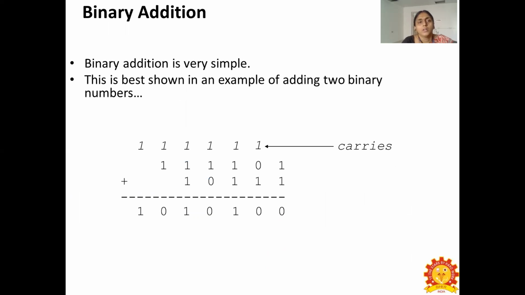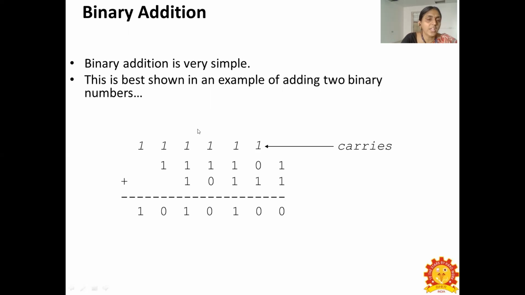And binary addition, what about binary addition normally? We have 1 plus 1 as 0 with carry 1, and 0 plus 1 as 1 with carry 1 again. So 0 will come in the sum and next you will have 1 as the carry. So all three ones we have to add, so again we are getting 1 with carry 1. Here 1 plus 1 is 0 with carry 1.